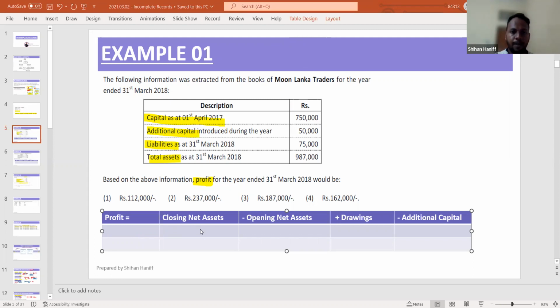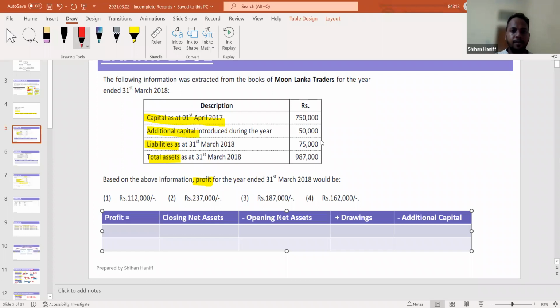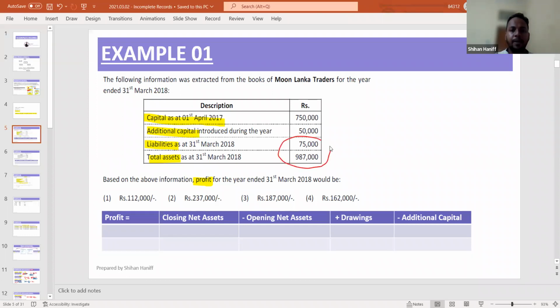You need to take the closing net asset minus opening net asset. Closing net asset means closing capital. They have not given the closing capital amount, but assets and liabilities values are given. So assets minus liabilities will be the capital. Closing net asset: okay, so 987 minus 75.